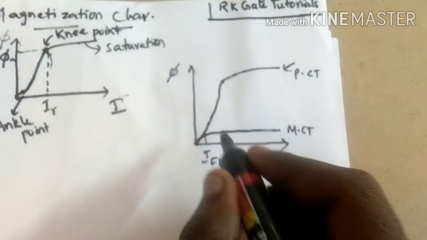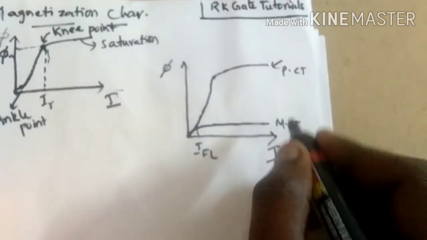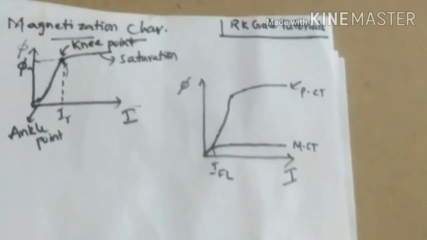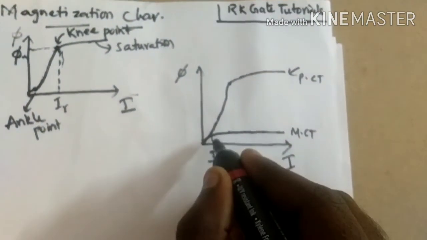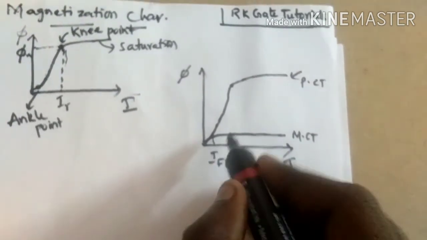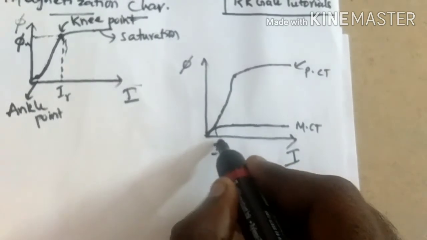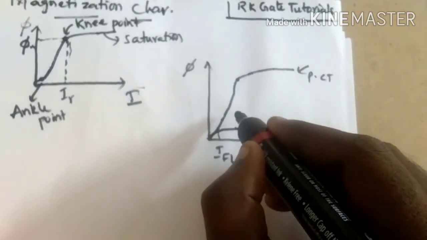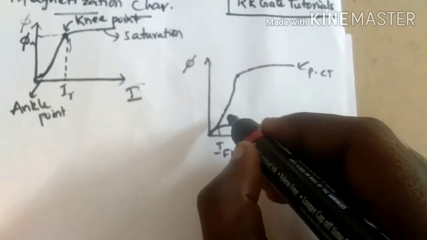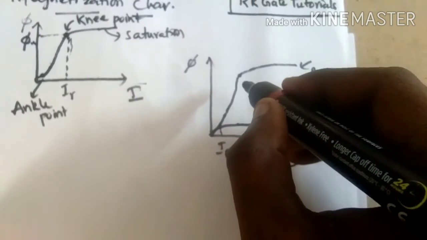Now let us see the magnetization characteristics of both the CTs, the measuring CT and the protection CT. How should they be? This is the full load current. Till here the measuring CT has to work. It can read only the full load current. But when a short circuit or fault takes place, the current rises automatically, and that has to be seen by the relay.